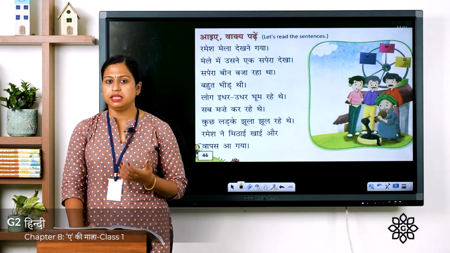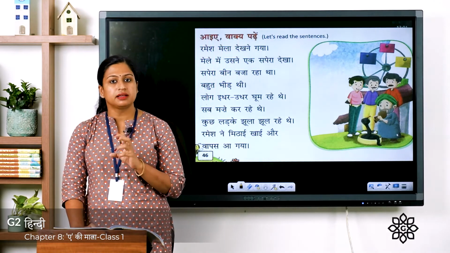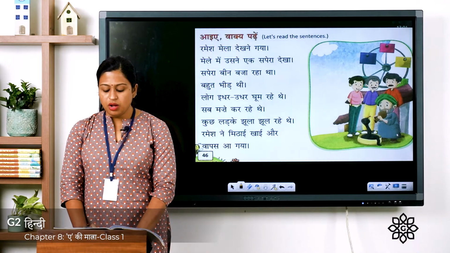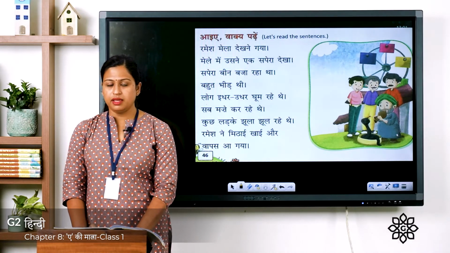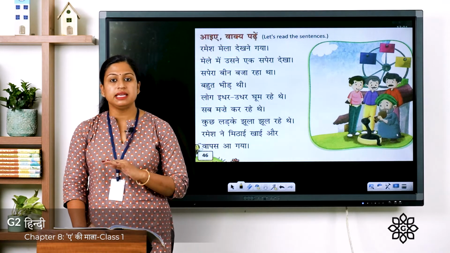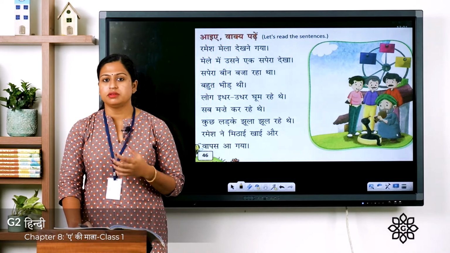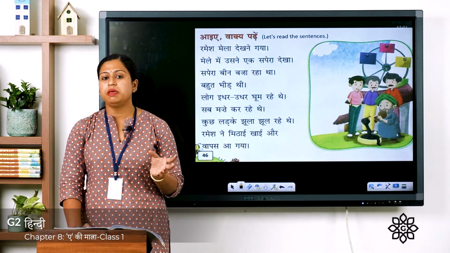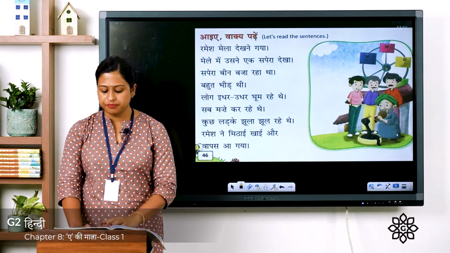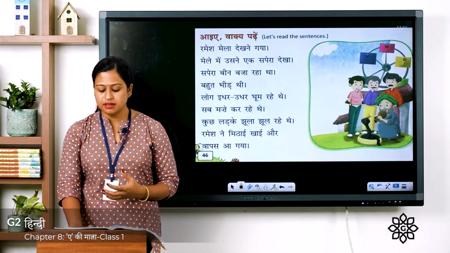Next line, bheed thi. That means the place was very crowded. Bheed means crowd. Next line, log idhar udhar घूम रहे थे. Log means people and the word idhar udhar means here and there. घूम रहे थे means they were roaming. So the meaning of this sentence is the people were roaming here and there. Next line, सब मजे कर रहे थे. मजे means enjoy.